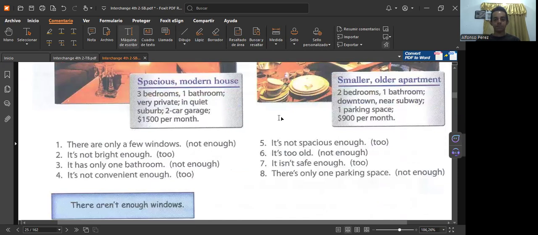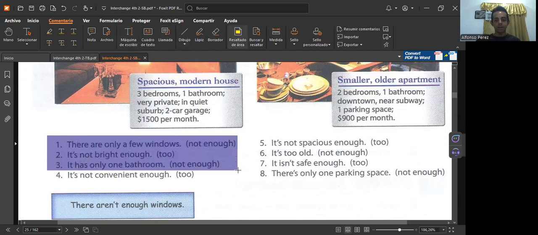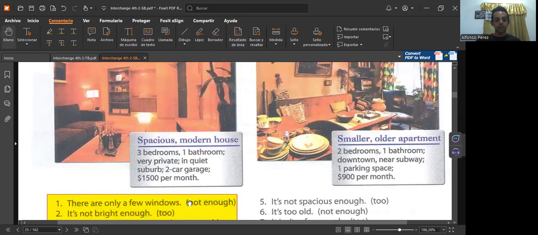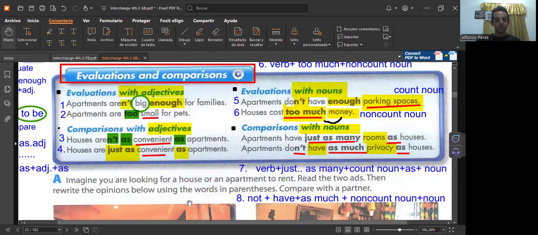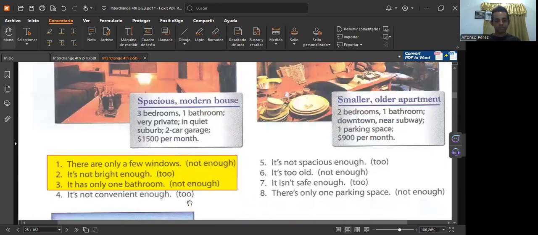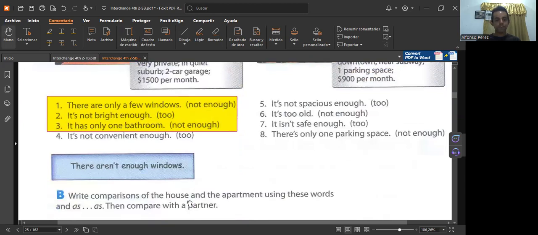Okay, we have here some sentences to practice. Let's work with some of them. There are only a few windows. Here we have the example: there aren't enough windows. Here we have our structure, not enough. It's bright enough. It's not bright enough. And we have the word too.